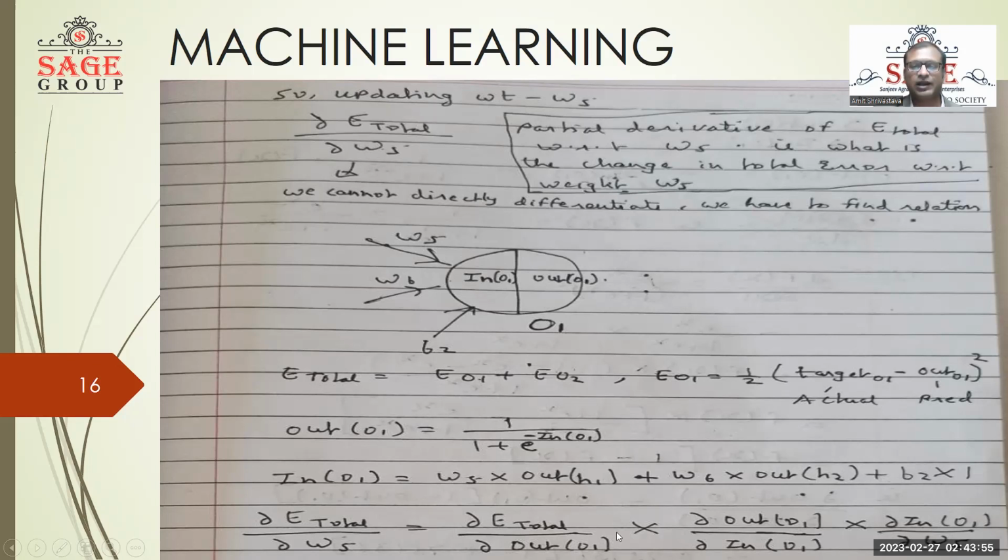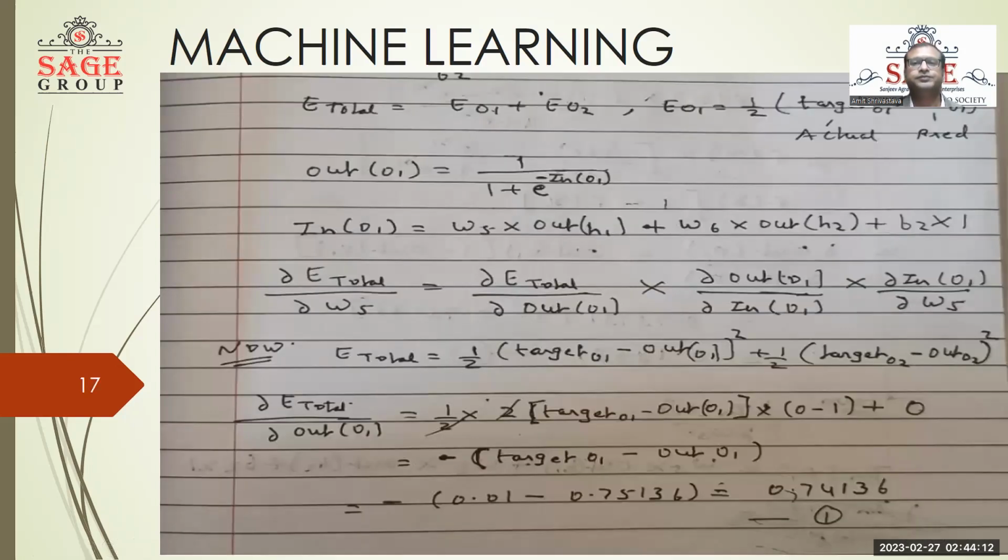So what happens? This del out O1 and this del out O1 will cancel out. This del in O1 and del in O1 is cancelled out. So we are left with only del E total upon del W5, which is my left hand term, right? So we can apply this chain rule here.